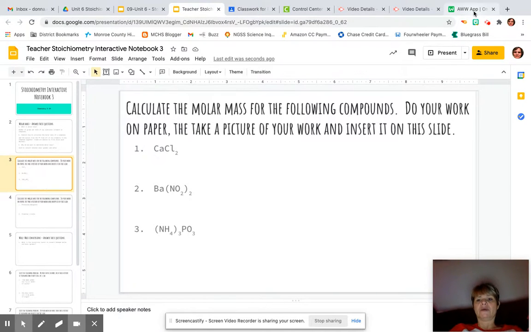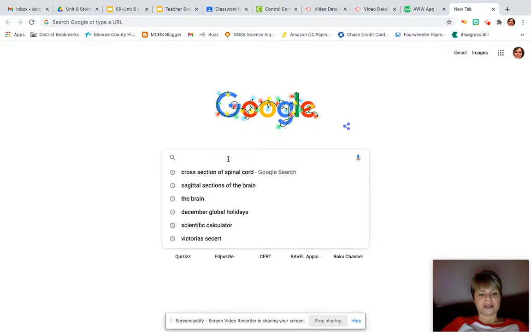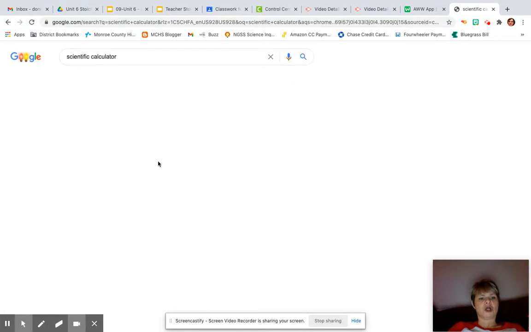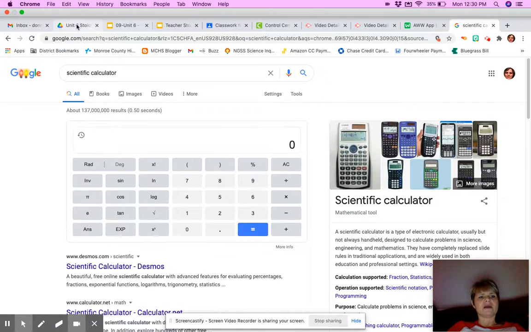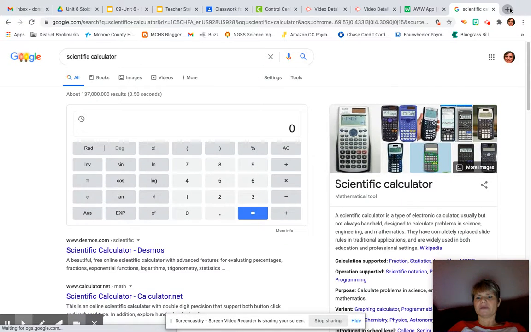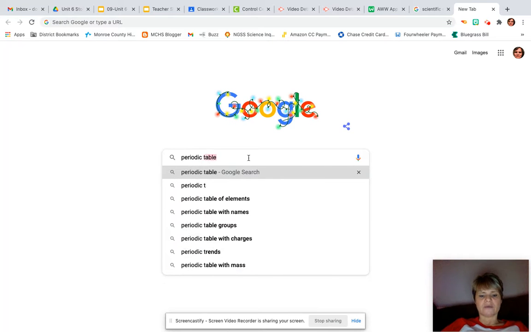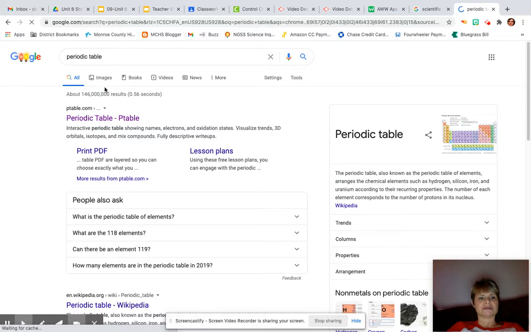So let's go ahead and do a couple of examples. And I'm also going to go ahead and open up my scientific calculator here on Google. All right. And I also need a periodic table pulled up. So let me do that really quickly as well, because I know some of these masses, but I don't know all of them. And so I'm going to pull up a periodic table to use as well.